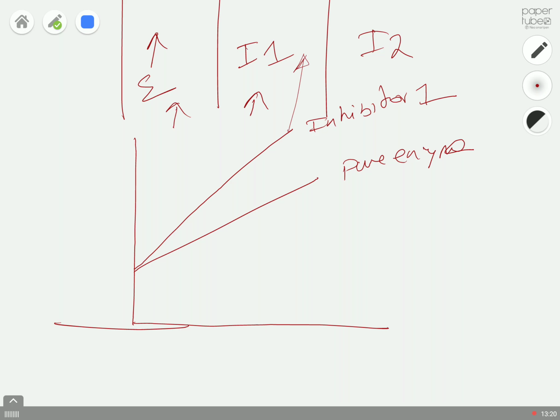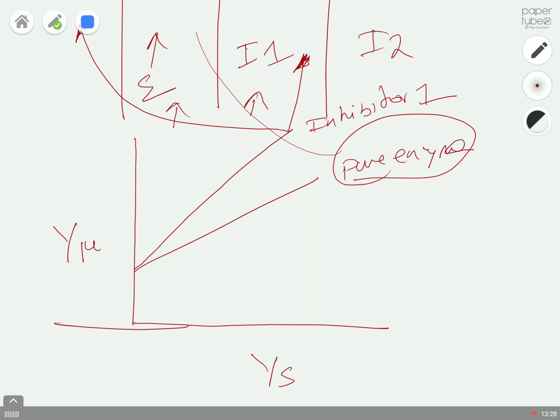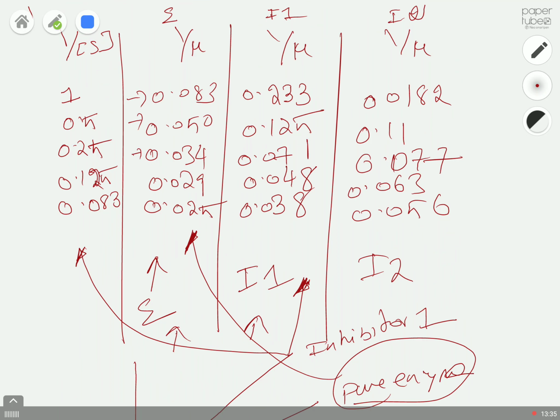This is your y value, and this is your x value, 1 by substrate versus 1 by mu. And for pure enzyme, you plot this value, 1 by your initial velocity, which is here for your pure enzyme, on your axis.